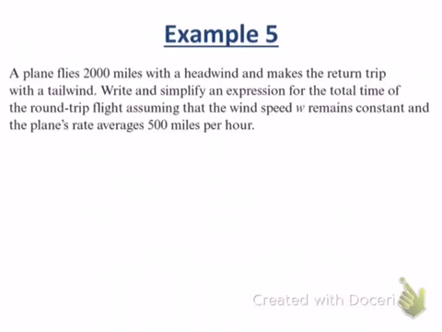But this one, we do need the information. A plane flies 2,000 miles with a headwind and makes the return trip with a tailwind. Write and simplify an expression for the total time of the round trip flight, assuming that the wind speed W remains constant and the plane averages 500 miles per hour. All right, so the total time.